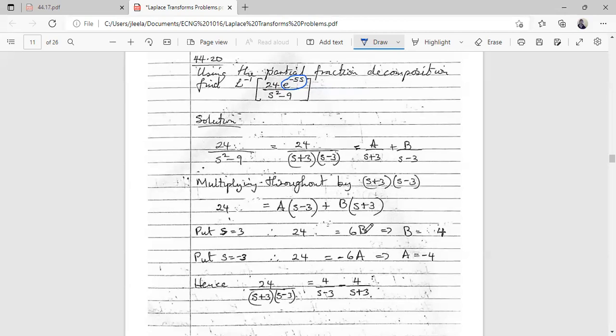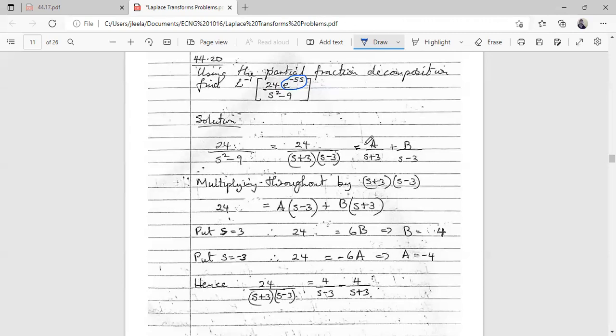You'll get 6B equal to 24, so B is equal to 4. And then you put s equal to minus 3, right? So you get minus 6A is 24. So A is minus 4. So the A is negative and the B is positive.